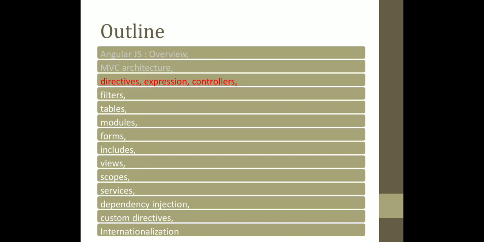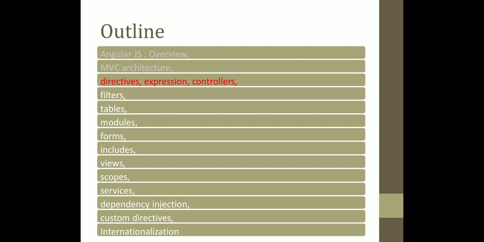So till now we have seen the overview of AngularJS and the main parts or components of how to create that AngularJS application, and we have also seen the MVC architecture and the basic parts like model, view, controller, and which particular part performs important operations.